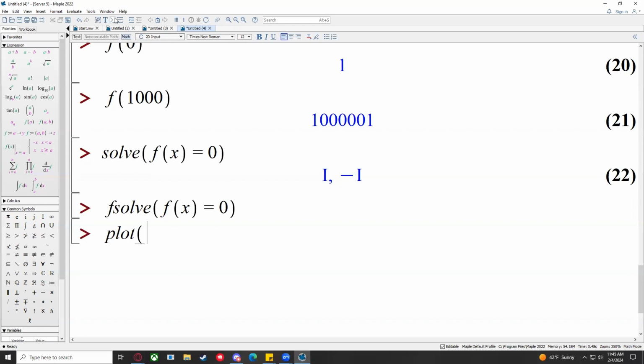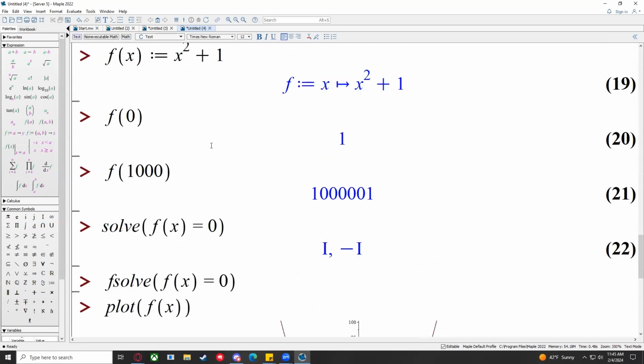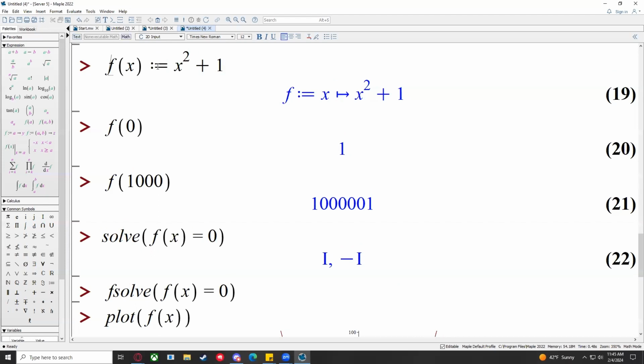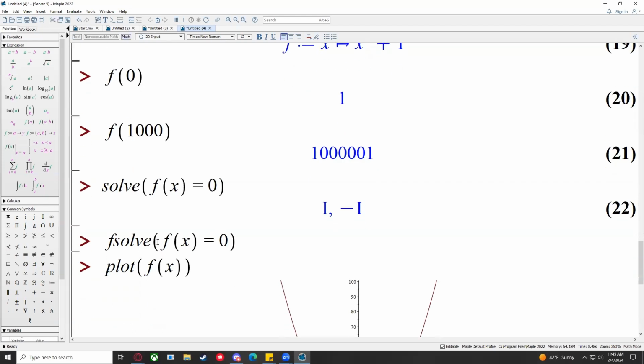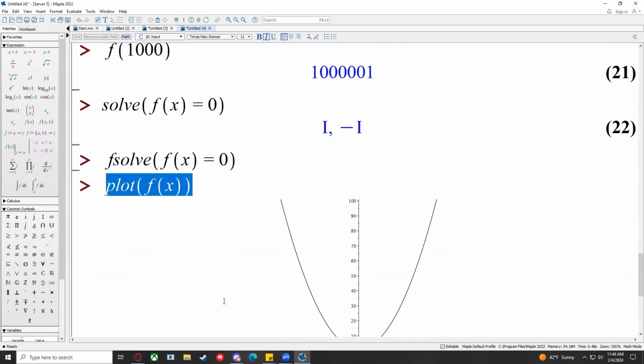You just have to literally write plot and then whatever it is you want to plot inside of it, close it, and you're good. So in other words, if I wanted to plot something, I really just have to run this first line to define it, and then the second line to plot it. Meaning that we can generally plot pretty quickly on Maple, right? We just have to define the function and then plot our function. It's pretty fast.